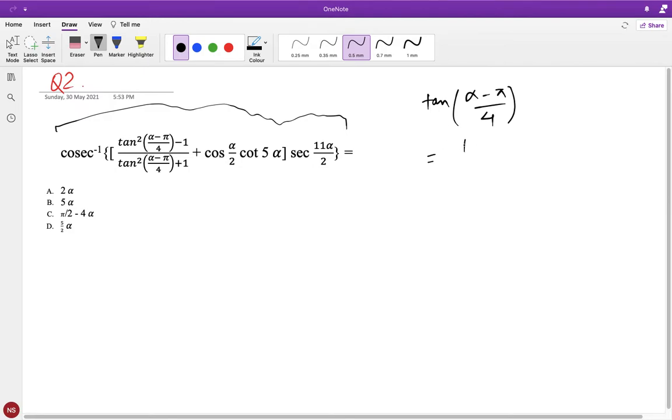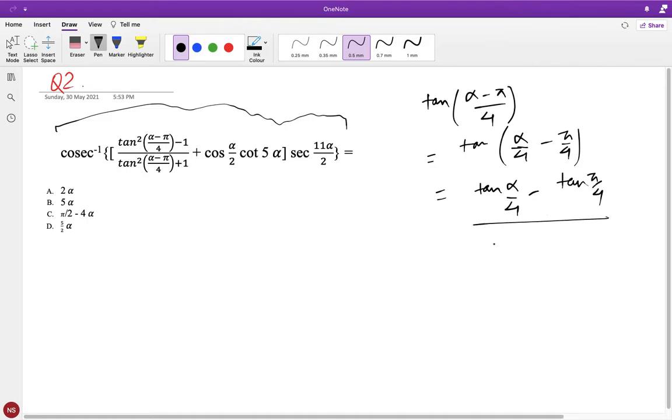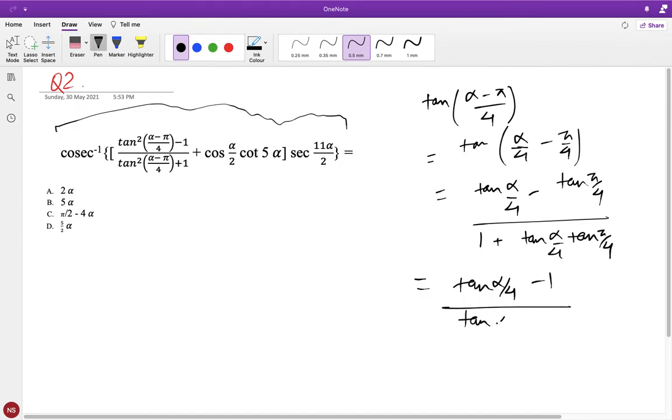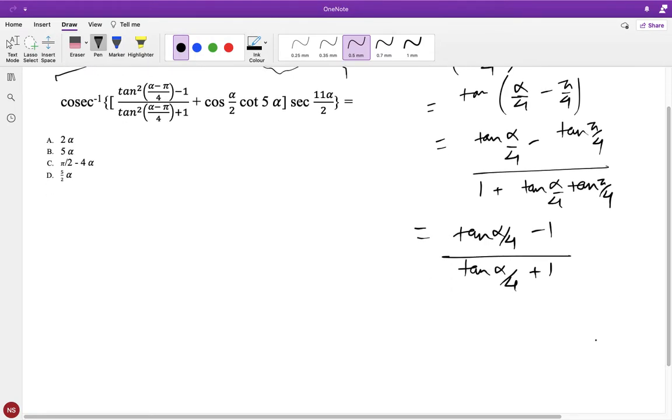So alpha by 4 minus pi by 4. Why do I do that? Because I know the formula for tan A minus B is tan A minus tan B divided by 1 plus tan A tan B. Tan pi by 4 is 1, so this is tan alpha by 4 minus 1 by tan alpha by 4 plus 1, right?